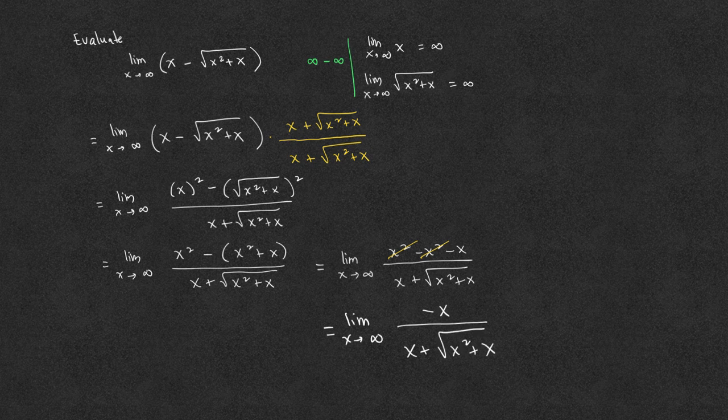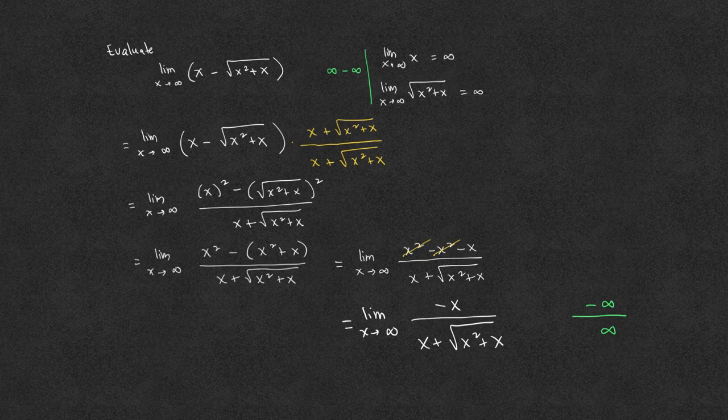If we were to find the limit of the numerator alone, it is negative infinity, and the denominator as x goes to infinity goes to infinity. This is now the L'Hopital form, indeterminate infinity over infinity.